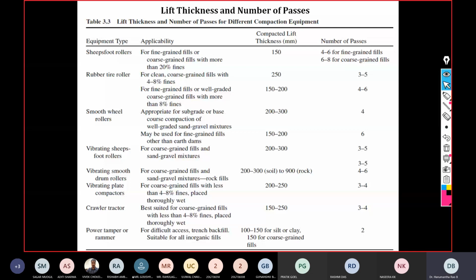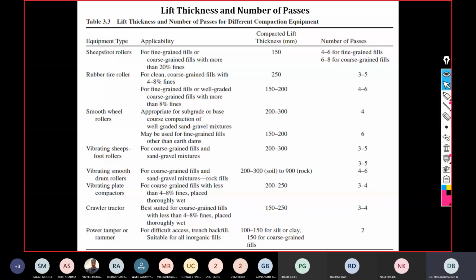So this is some information on how to decide the lift thickness and the number of passes. This is most important. This is a kind of guideline, and again you can also refer to any of the IS codes, which also talk about the minimum thickness of the lift and how many passes are required for a particular soil type, based on the equipment.